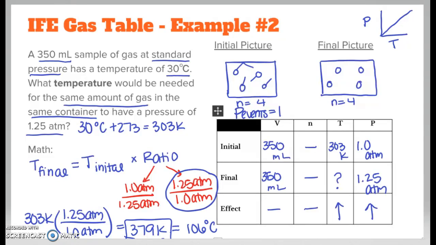To show an increase in temperature, I'm going to want to draw more whooshies on each particle. So to make things easy, I'm just going to double my whooshies, and I'm going to also want to double my pressure events.